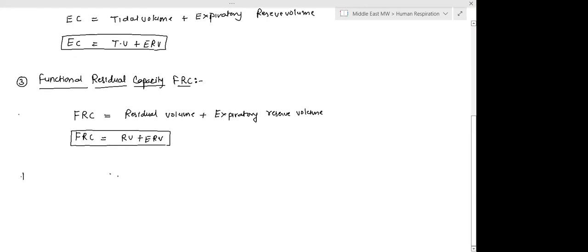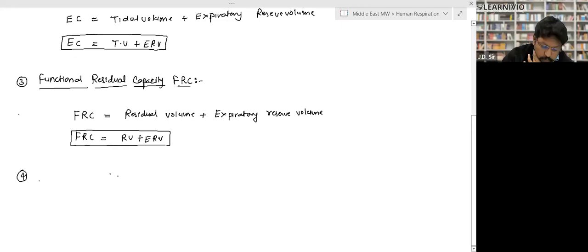Yes. Great. The fourth one is vital capacity, VC. Please note it down first.